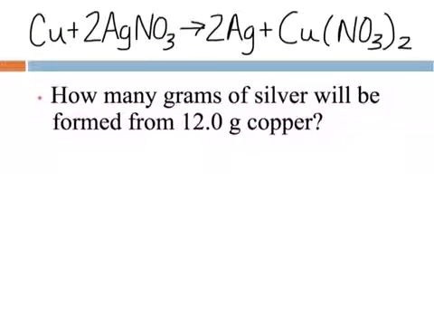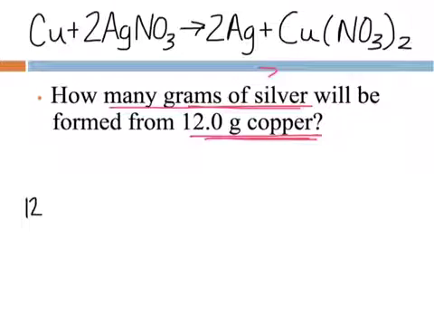Here's a problem that doesn't have the word mole in it at all. I want to know how many grams of silver, this is what I don't know, grams of silver, will be formed from 12 grams of copper. So the word moles is never mentioned. However, like we've said before, all roads lead through the mole. So this is what I know. I know I have 12 grams of copper.